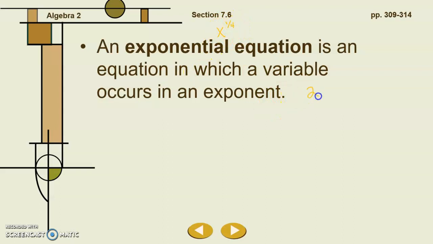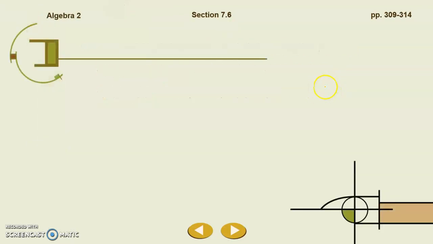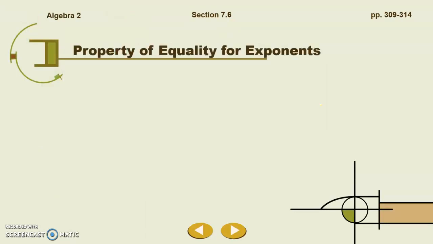But 2 to the x power is an exponential equation. This is where the variable occurs in the exponent right here. All right, exponential equation. So we're also going to take a look at how to solve exponential equations, like 2 to the x equals 32, I think is our first example.